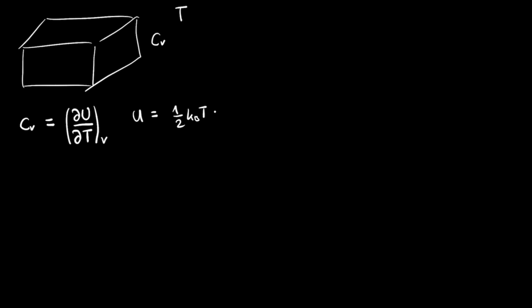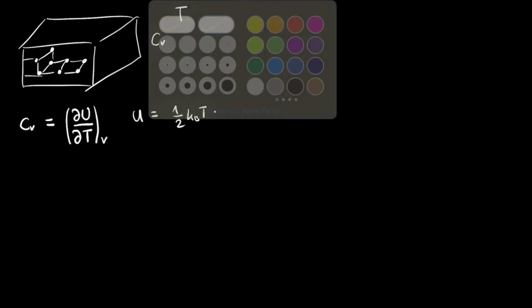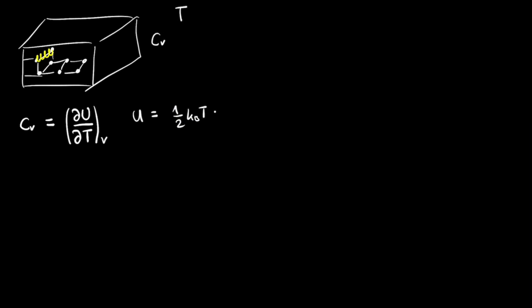Well, let's analyze this solid a little more carefully. We've got the atoms in the solid, which are of course free to move around, but we tend to think of them as if they're all joined by springs, like all the bonds between the atoms are springs. And springs, what does that mean? That means they're a harmonic oscillator.